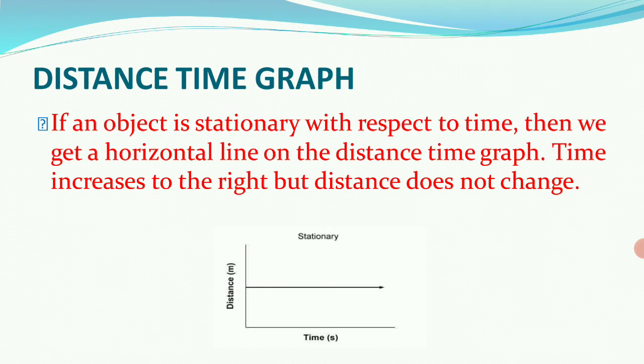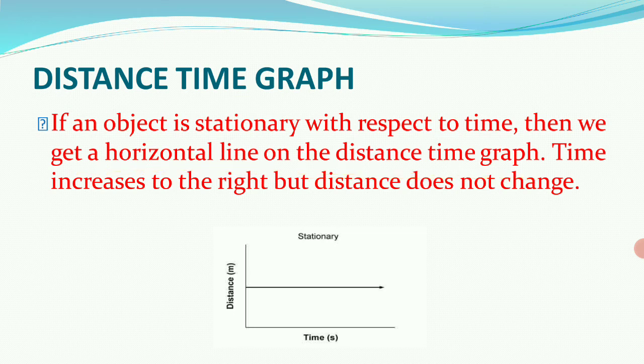Next, the distance-time graph. When we draw a graph between distance and time, it is called a distance-time graph. If the object is stationary with respect to time, suppose you have a car or an Activa at home, the object is at rest, it is not moving but the time is increasing, then we get a horizontal line on the distance-time graph.